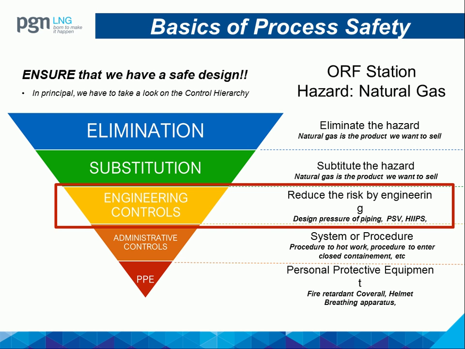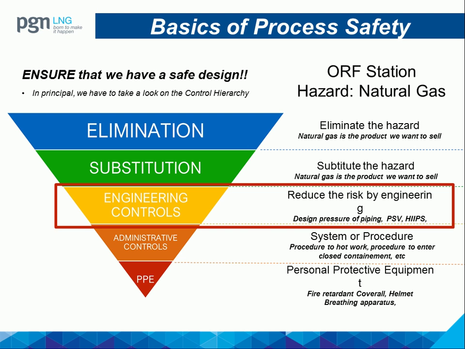Basically, we would like to develop a system or procedure to ensure that if something not normal happens, we do it in the right way, in a correct manner. For example, we should make a procedure for hot work or a procedure to enter a closed containment system or confined space.